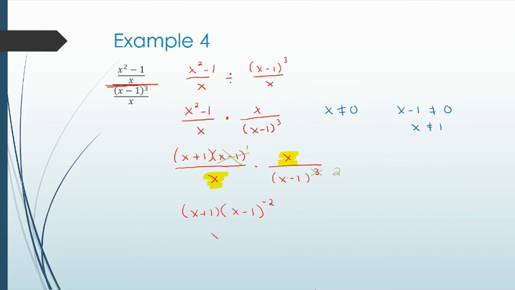And then you want to flip that so that you have a positive exponent, and that gives you x minus 1 squared, which matches with what I wrote in the green. And I forgot I do have to put my domain before I box it. So we canceled out the x's, so I have to put that part of the domain that x cannot equal 0. We also canceled out an x minus 1, but there's still 2 left, so I don't have to worry about writing that part of the domain.